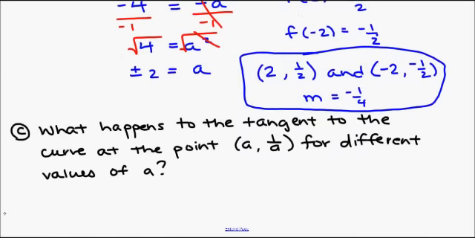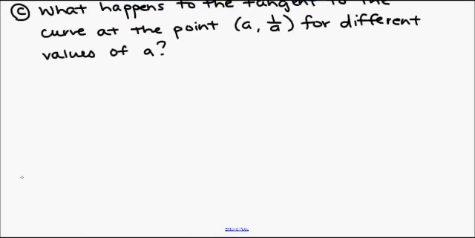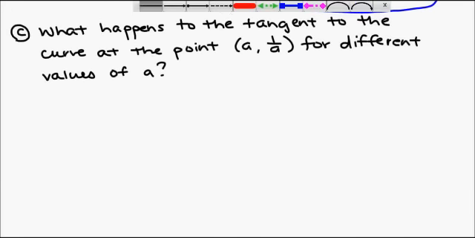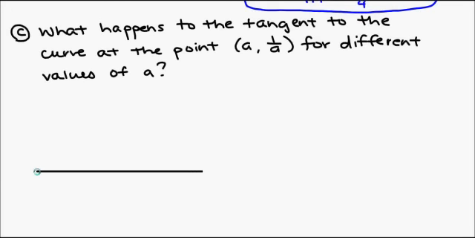Okay. Part C, what happens to the tangent to the curve at the point (a, 1 over a) for different values of a? To help us answer this question, I'm just going to sketch a quick graph of what we're looking at. So this is one of your parent functions that you should have memorized.